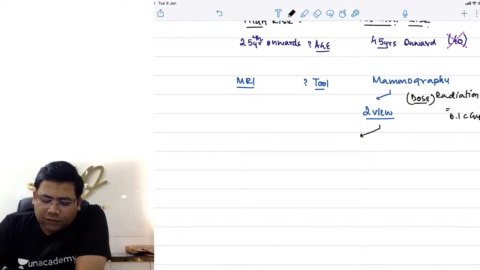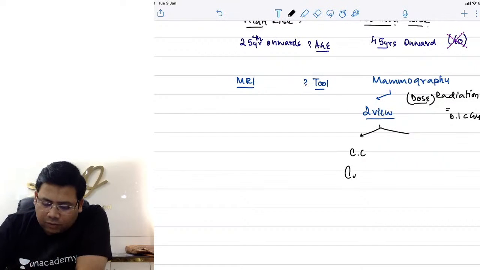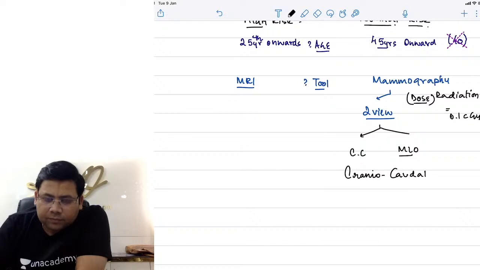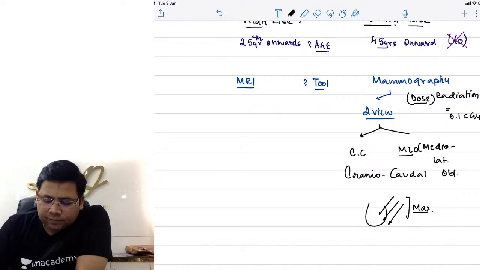What are the two views that we are talking about? One is CC, that is top to bottom, that is craniocaudal. And the other one is mediolateral oblique. Let's say the maximum exposure of the breast is seen in MLO.